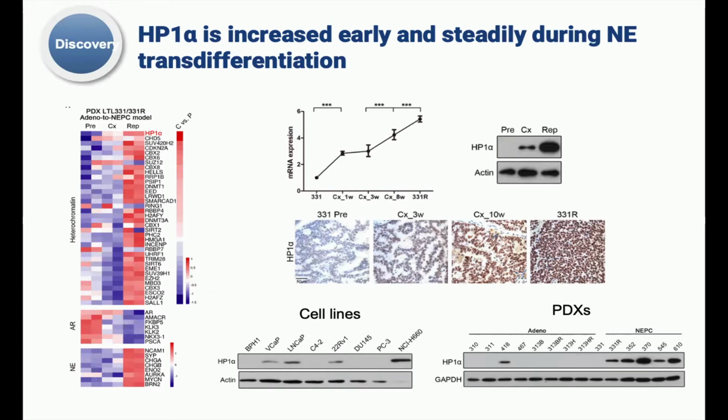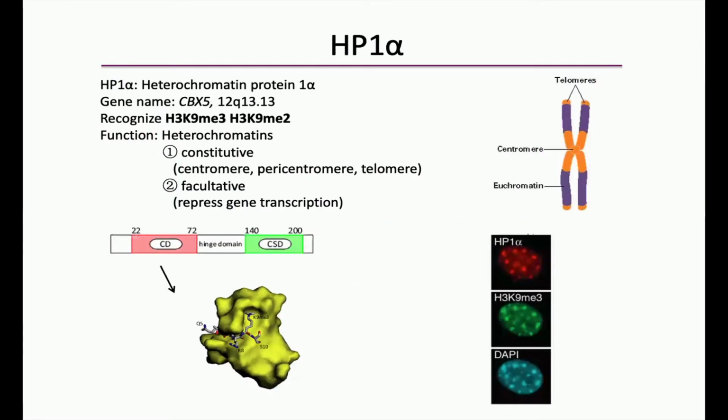So this is at the RNA level, you can see the protein, and we even looked at IHC. And this phenomenon is also demonstrated in cell lines and multiple NEPC PDX models. So HP1 alpha, as I mentioned earlier, is short for heterochromatin protein. So we know the heterochromatin signature is a typical one for NEPC.